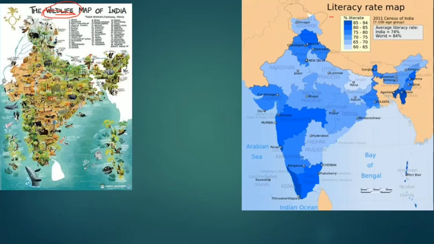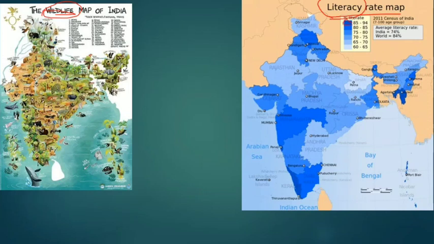And this one, you see, is a literacy rate map. So how many can read and write? Literate means who can read and write in a particular language. So how many people are literate? The literacy rate will be more in Kerala, that all of you know. See the color, this color.